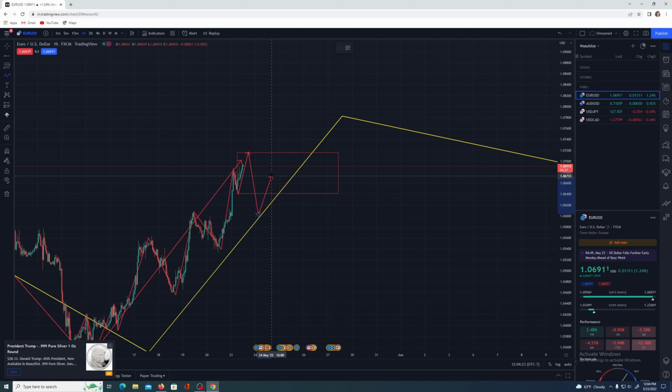But let's say we have a rule that because we already broke structure down on the 1 hour, that was our confirmation, and now we just put a limit order because our rule is that we always take the 50% of the supply block. So price will come down there and start printing lower structure, right?